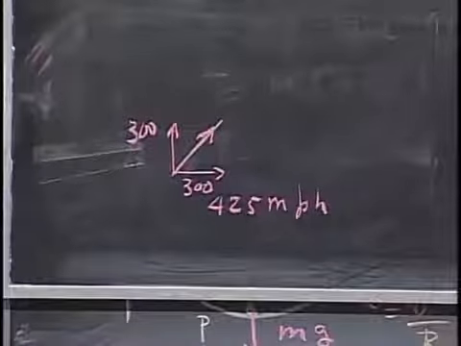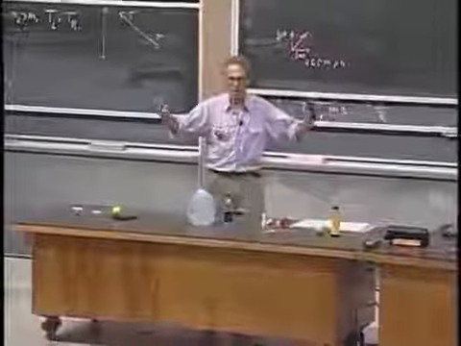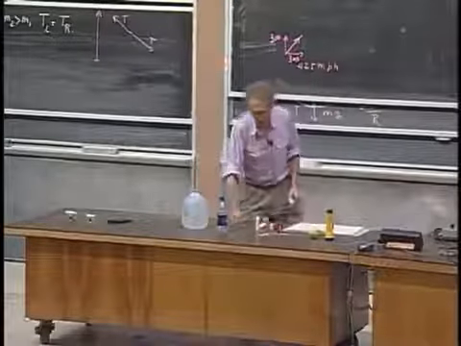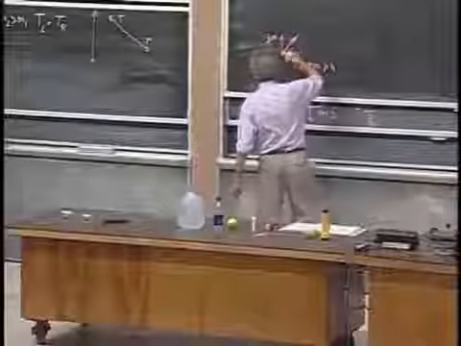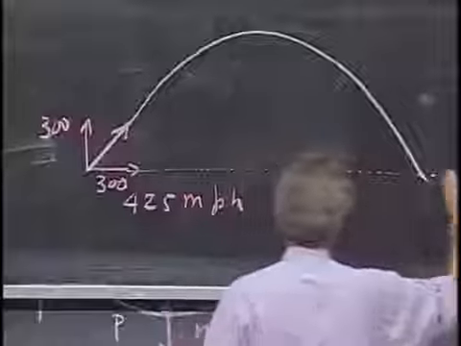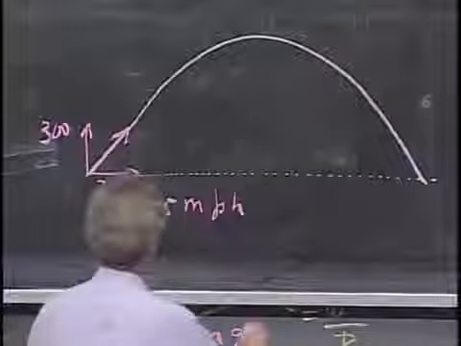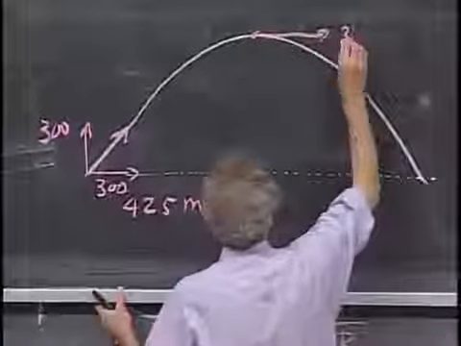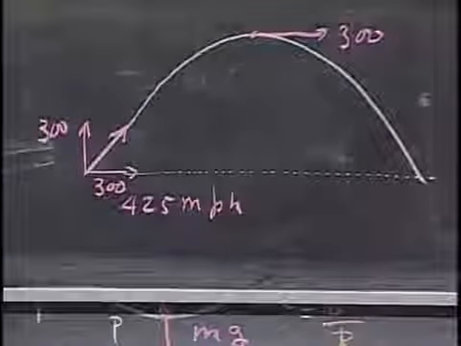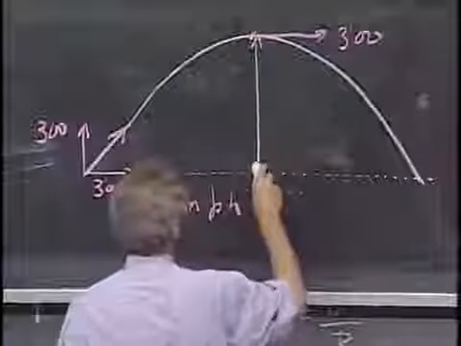Let's assume, for the sake of the argument, that the engines are cut. And the plane goes into free fall. It's no different from this tennis ball. It's the same thing. You're going to see a parabola. And so this plane is going to free fall and comes back to this level. And let's analyze this arc, this parabola. Right here at the top, clearly, there will still be 300 meters per second in the absence of any air drag. You should be able to calculate with all the tools that you have available how high this goes from this level.